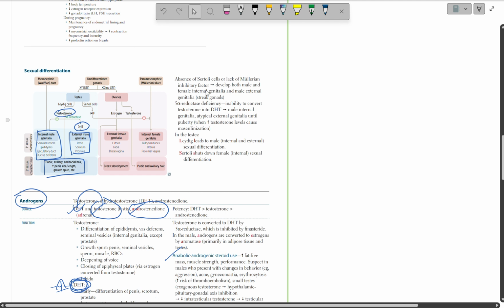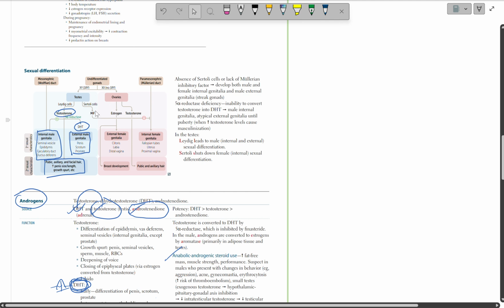Let's look at this differentiation. So you have the X and the Y chromosome, and what's interesting is that the paramesonephric or Mullerian duct forms the internal female genitalia, and the Wolffian duct forms the internal male genitalia, and this happens under the influence of testosterone.